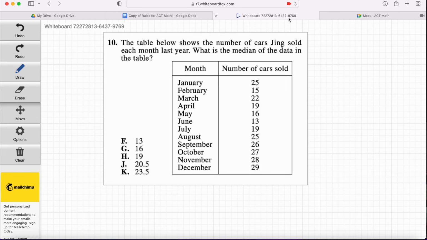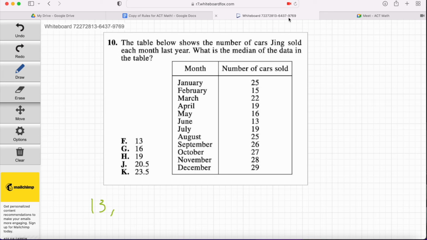I mean, there's a couple ways to do this. I would probably honestly make a list of these numbers. I mean, arrange them from lowest to highest. Let's start there, right? So what's the lowest number in the list? I'll just start listing these right below the question. 13. Yeah, 13's the lowest. 13, and then 15, I think.